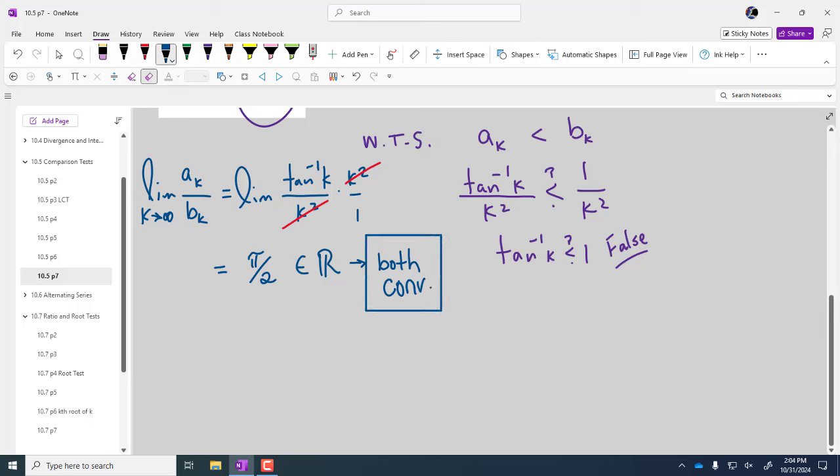As long as you get a real number there, it's always going to be positive if you have positive terms. Theoretically the limit could be 0 too, but the 0 limit and the infinity limit are very rare cases that we're not really dealing with. If we get a positive real, then both do the same thing. It just means that they are trending in the same direction.